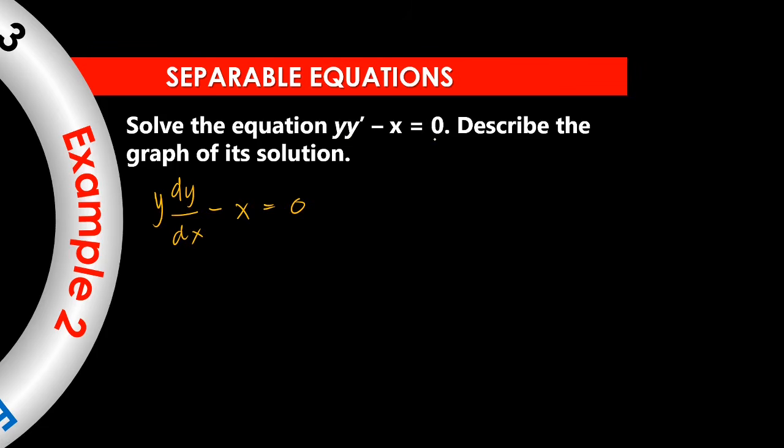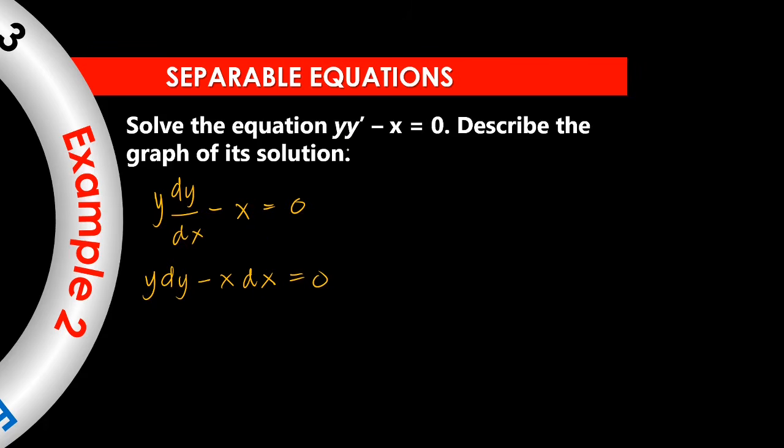Kapag minultiply mo ito ng dx, dito matira lang ay dy, at ito magkakaroon ng multiplier na dx. So magiging ganito lang siya. y dy minus x dx equals 0. Okay, so we can skip this step because again, as you solve more problems, your problem-solving skill improves until such time that there is no need for you to write some steps.